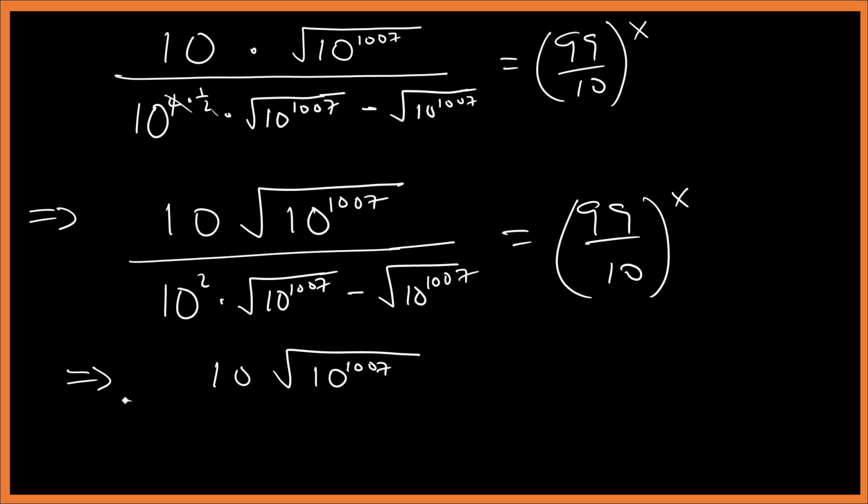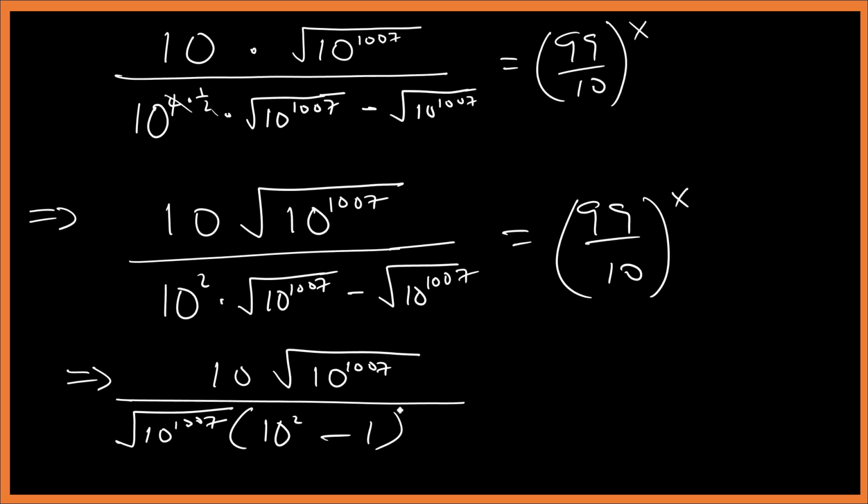So this side will be square root of 10 raised to 1007, and this side will be 10 squared minus 1, equals 99 on 10 raised to x.